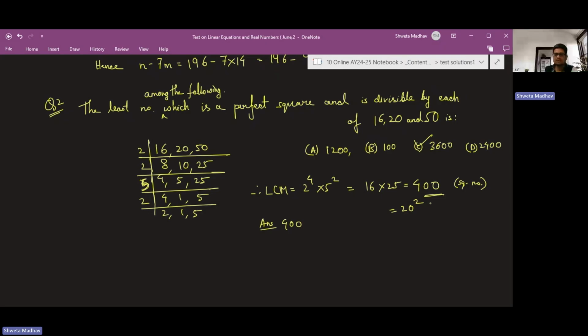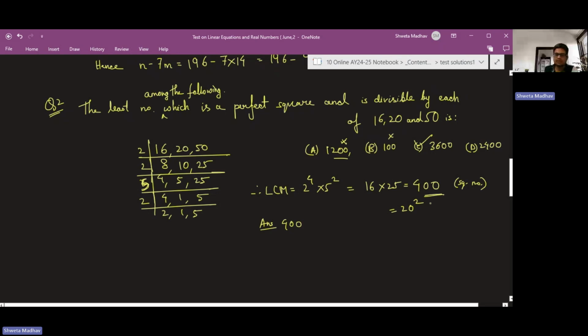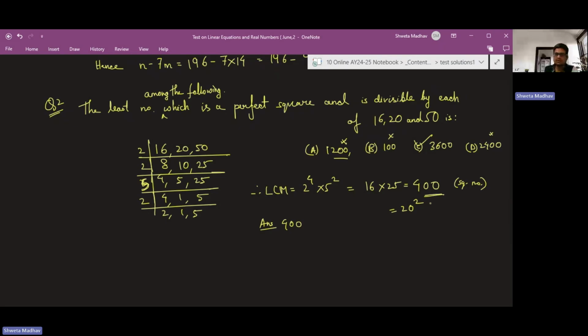Since why? The value should be divisible by 400 also, and it should be a perfect square. So 1200 is divisible by 400, but it is not a perfect square, and 100 is not divisible by 400, and 2400 is divisible by 400, but it is not a perfect square.